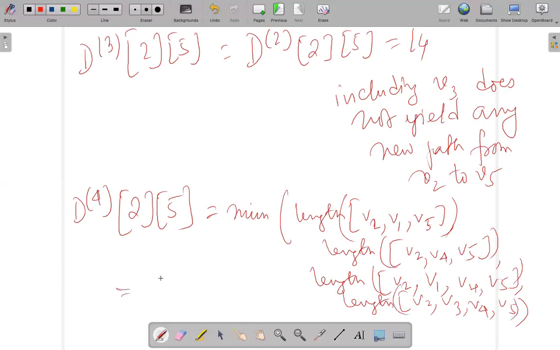That is the minimum of 14, 5, 13 and 10, which is 5.